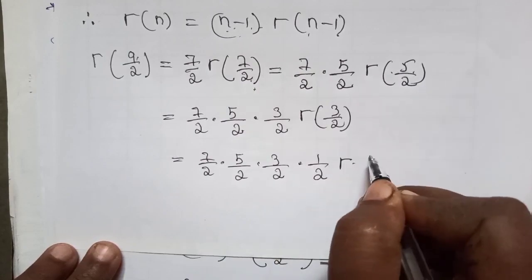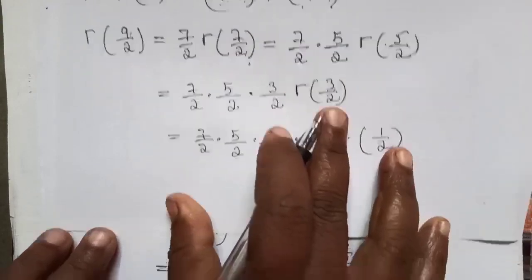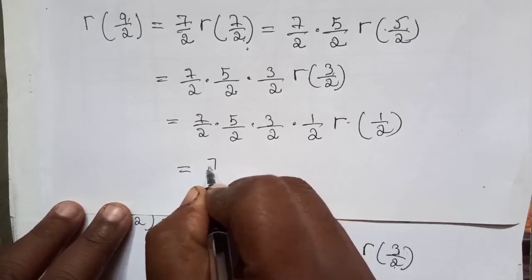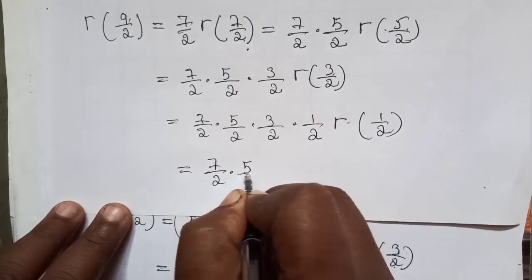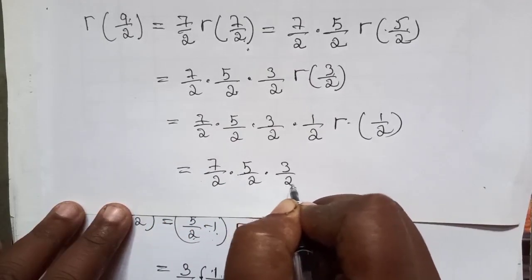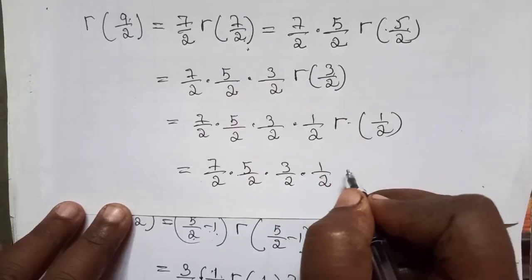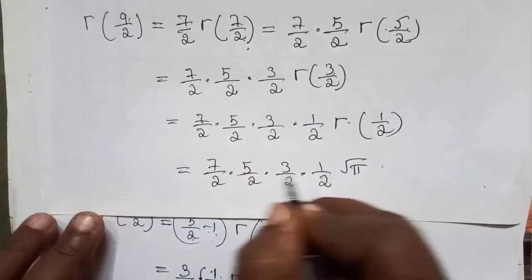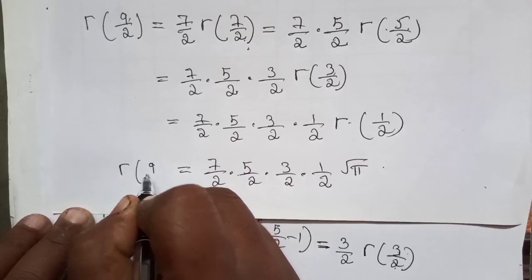So gamma of 9 by 2 is 7 by 2 into 5 by 2 into 3 by 2 into 1 by 2 into gamma of 1 by 2, which is root pi. So this is the gamma of 9 by 2 value.